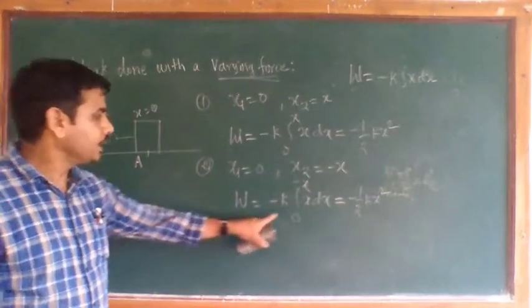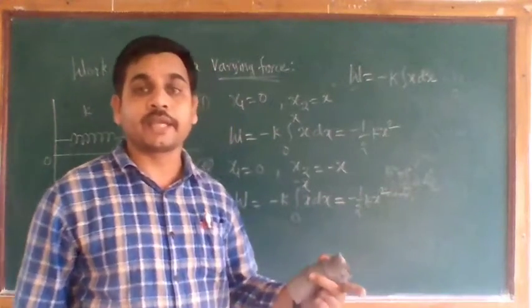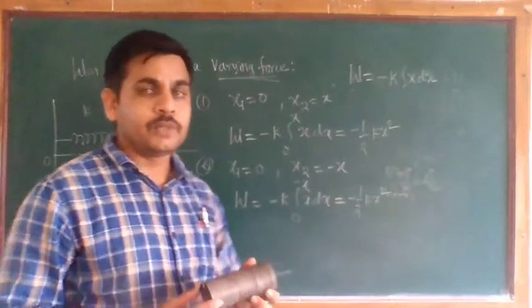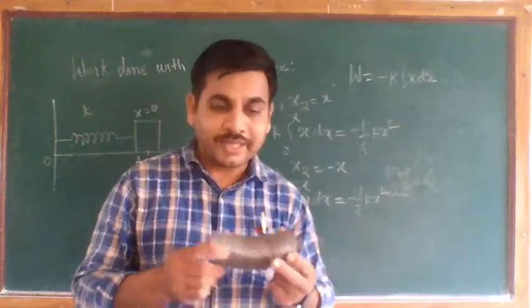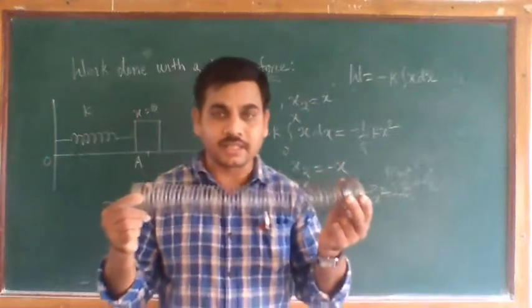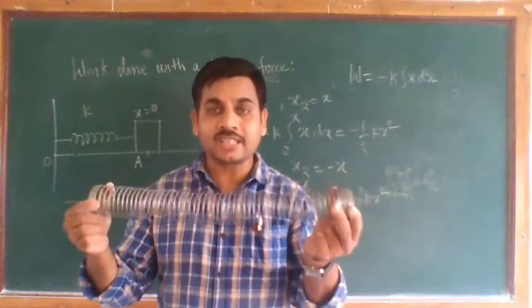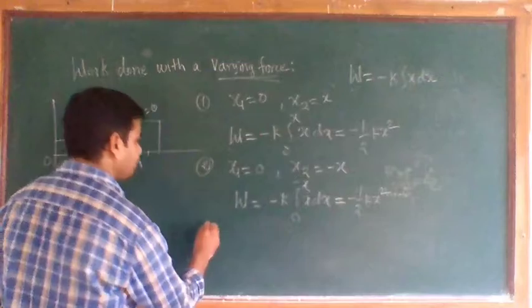Again you get the same, W is equal to minus 1/2 kx square. This is the second condition. Now we check the third condition, where the spring is at the stretched position.